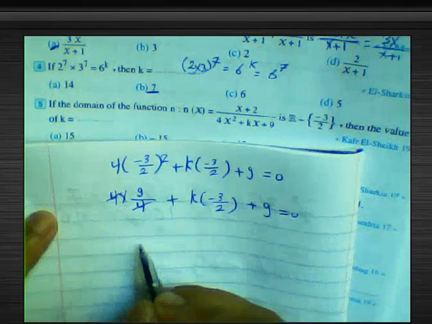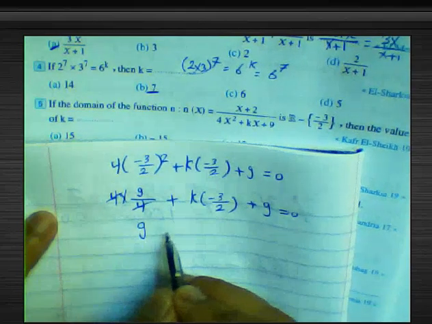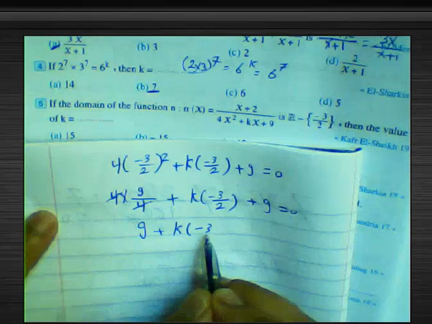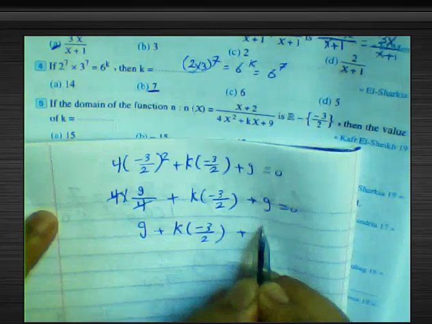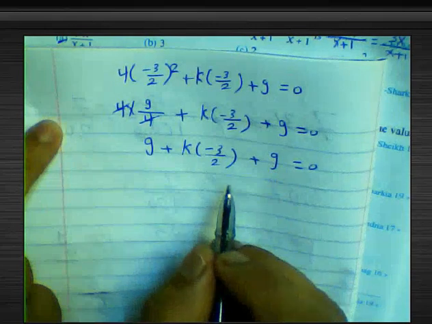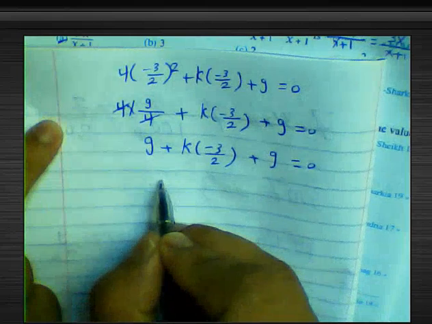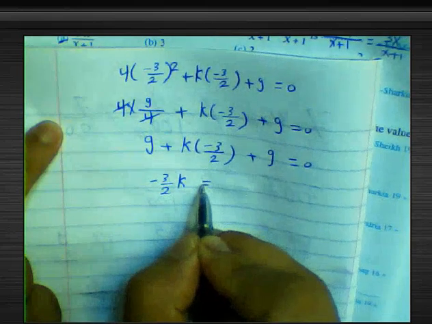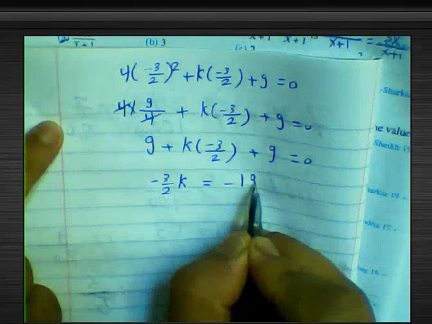4 divided by 4 equals 1. The result will be 9 plus k multiply negative 3 over 2 plus 9 equals 0. 9 plus 9 equals 18. So negative 3 over 2 k will be equal to negative 18.